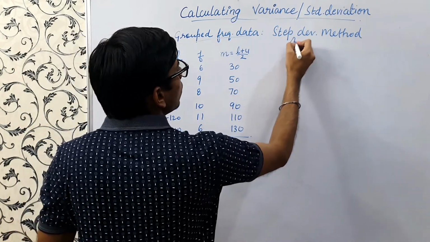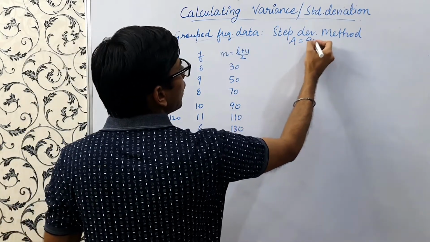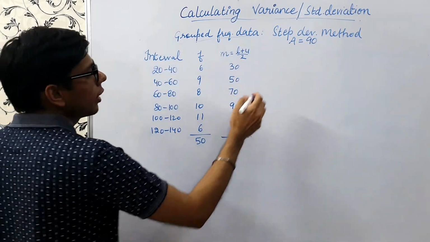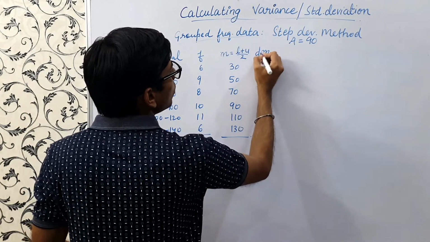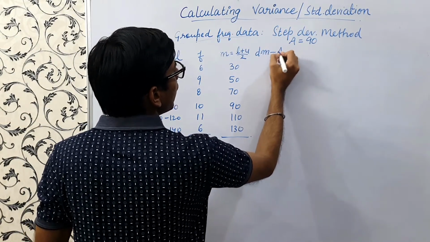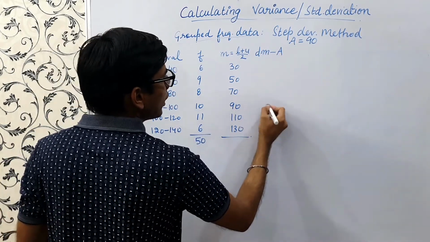Now assume A equals to 90. So we are assuming that A is 90. So just do D equals to M minus A. So this is our assumed mean. So 90, 0.